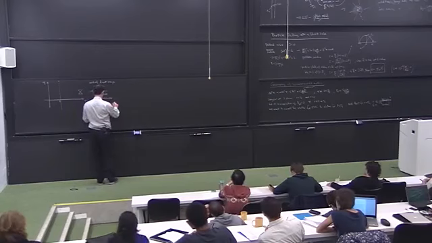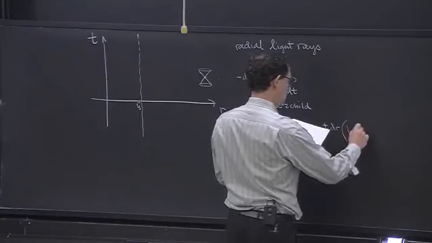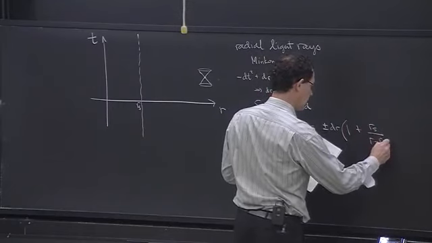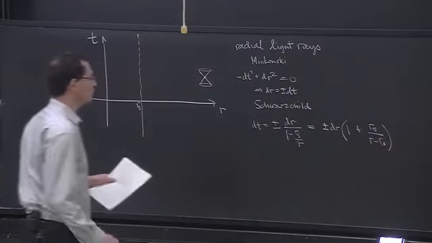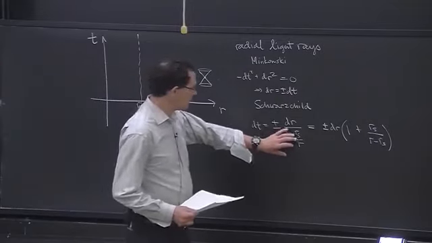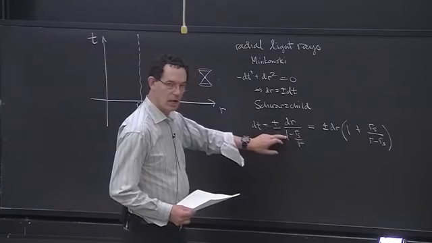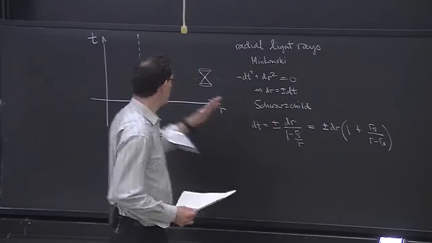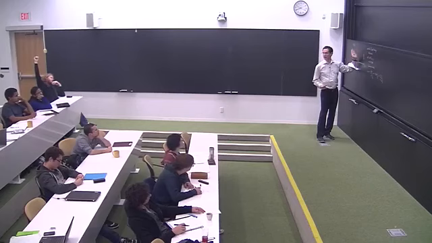So this is equal to plus or minus dr times 1 plus Rs over r minus Rs. And you can see what the effect of this term is. As you come in towards Rs, this term is diverging. So the slope of these things grows towards infinity, both the in and the out.